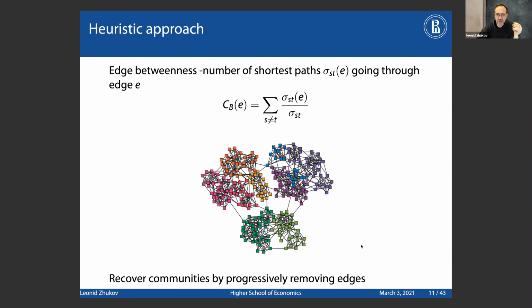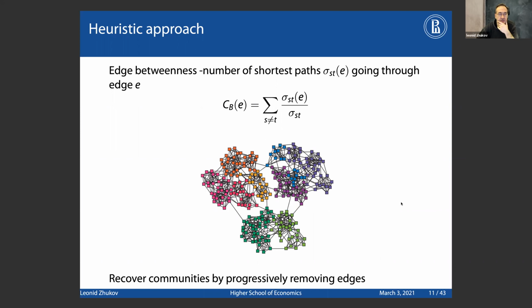All right, so we calculate edge betweenness for each edge. We pick the one that has the largest value and we remove it. Then we compute edge betweenness again, because shortest paths would change, and again remove the largest, and so on and so on.